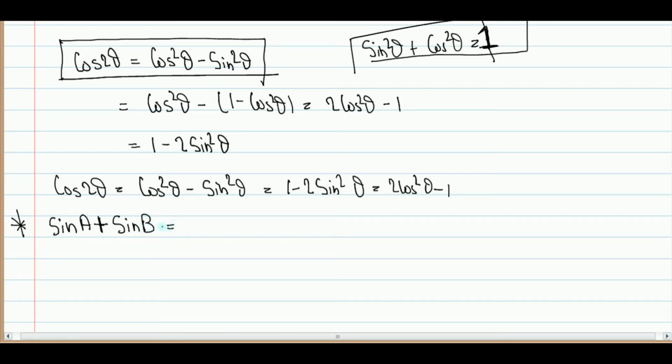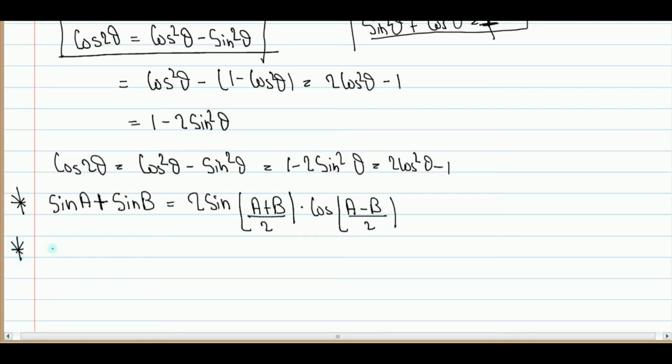And the basic formula for this is 2 sine a plus b by 2 into cos a minus b by 2.